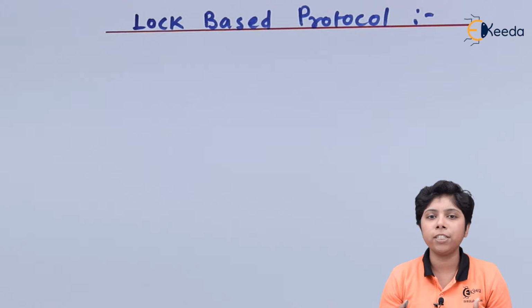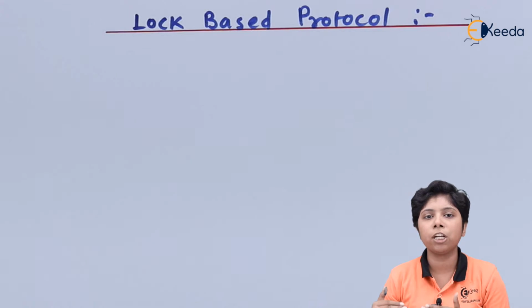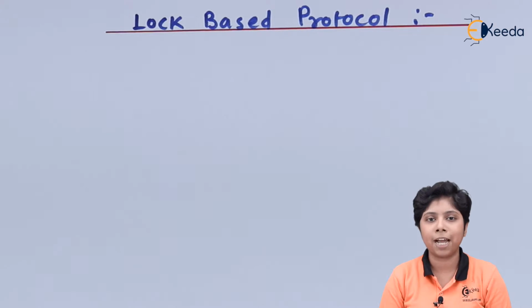That point, when we finish acquiring locks, is known as the lock point. After the lock point, we cannot acquire any locks on any transaction furthermore. Then the next phase consists of unlocking every data item.